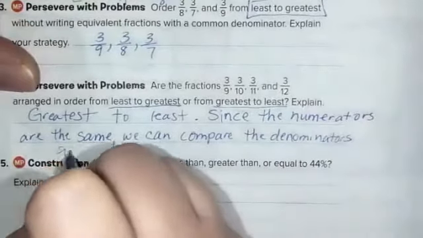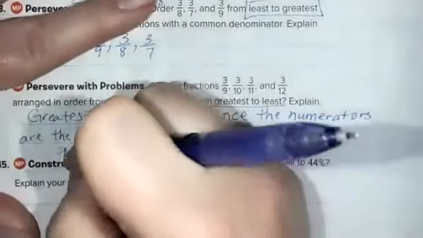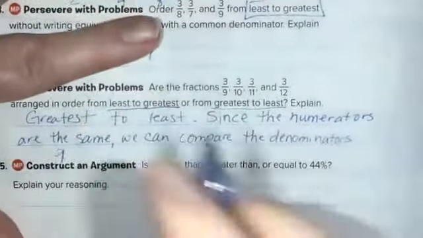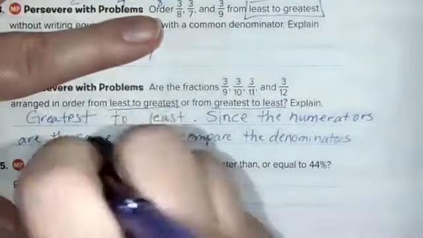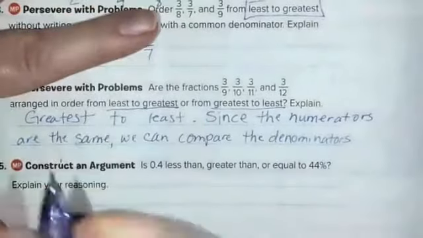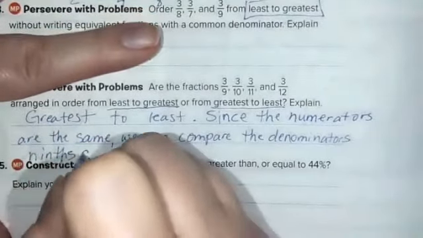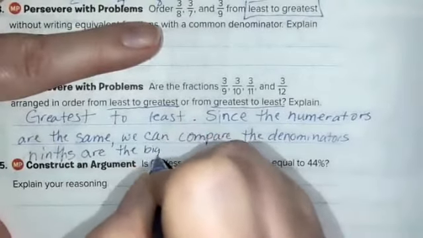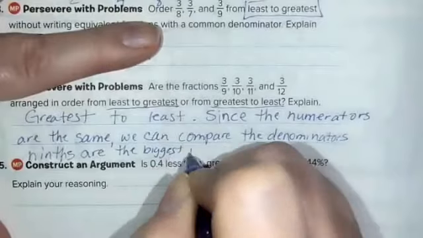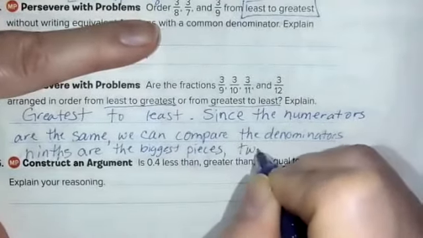The pieces, ninths, are the biggest pieces. Twelfths are the smallest pieces.